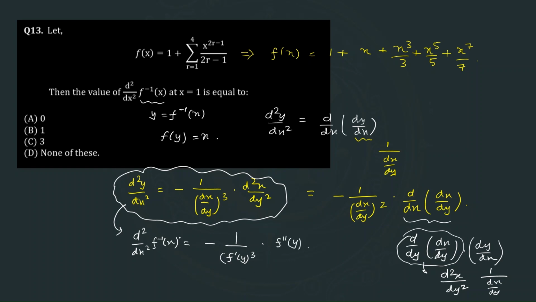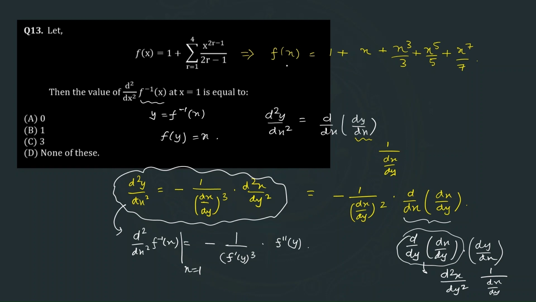Now, if we want to find this double derivative at x equal to 1, we have to find the corresponding value of y. So, we can say that f inverse x will be equal to y. And so, if I put x equal to 1, we get y equal to f inverse of 1. That means the value of y will be f inverse 1.